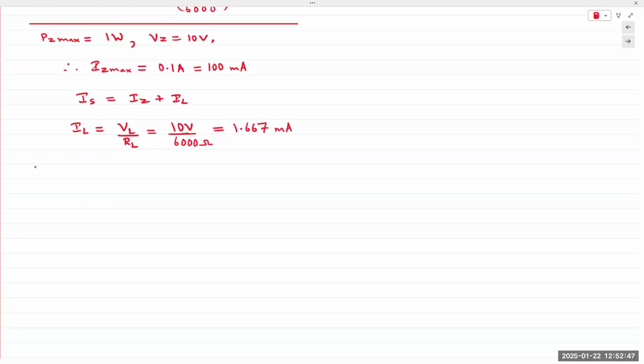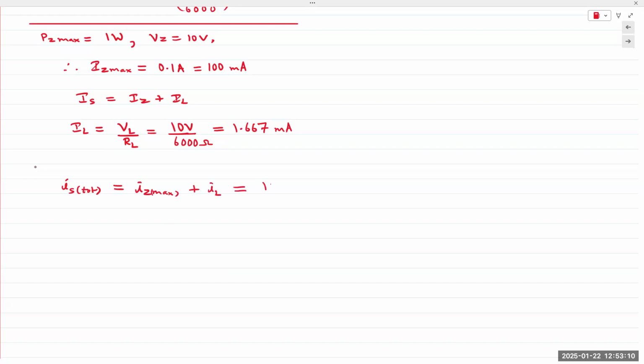So then IS total cannot exceed IZ max plus IL.